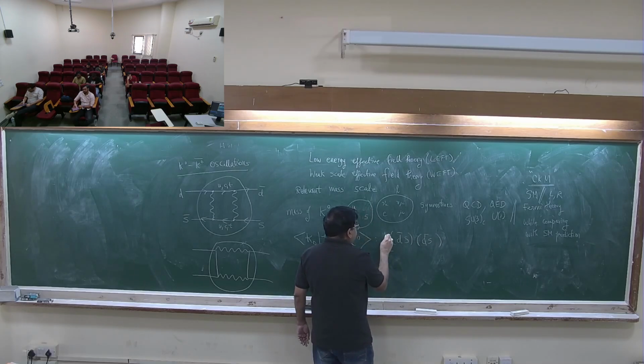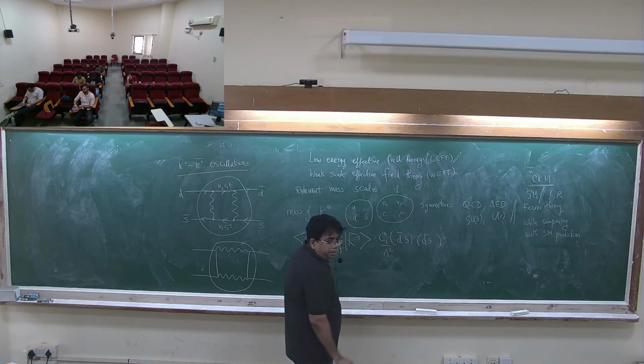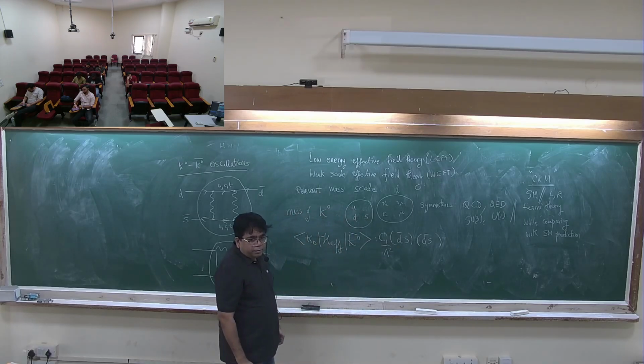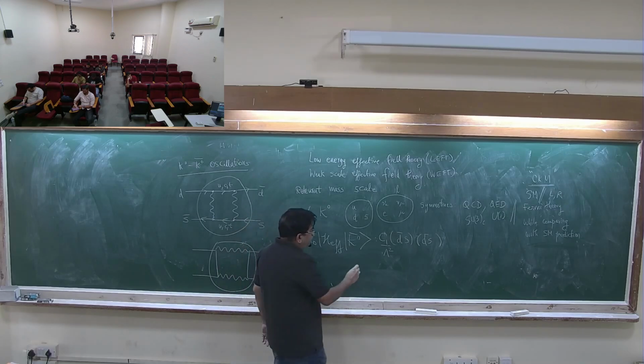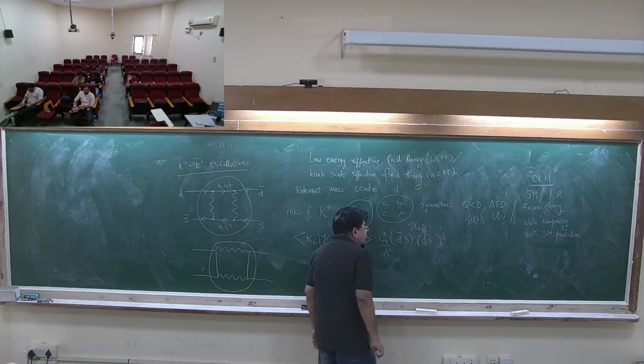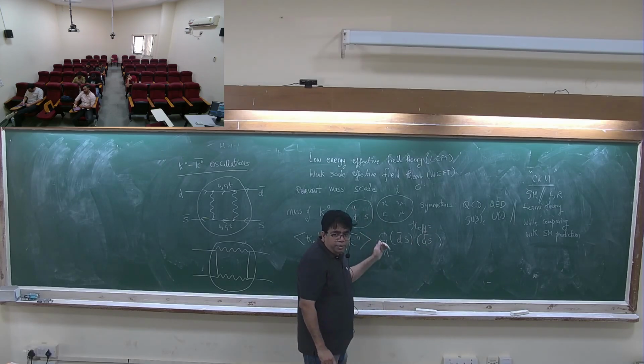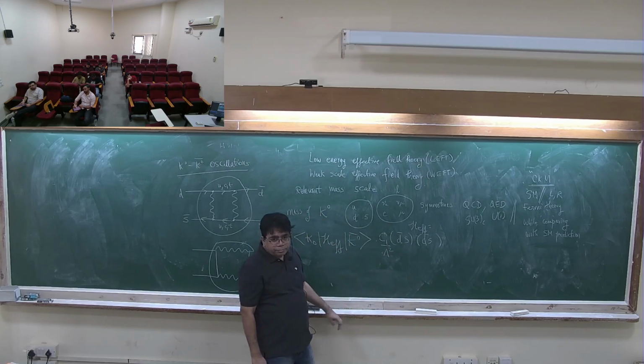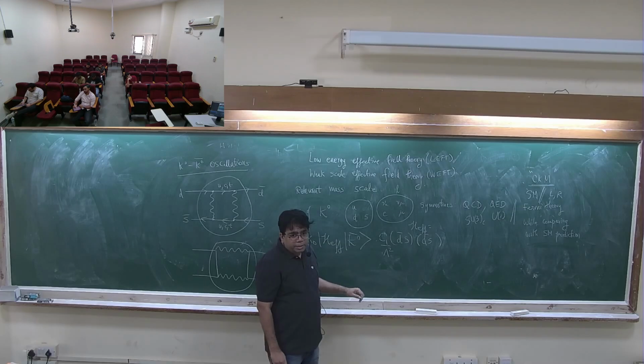You want to call it C1. Okay. The first set of operators in H effective. What you'd write as H effective is nothing but a series of operators, C1 to C9. Okay, C1 to C9.